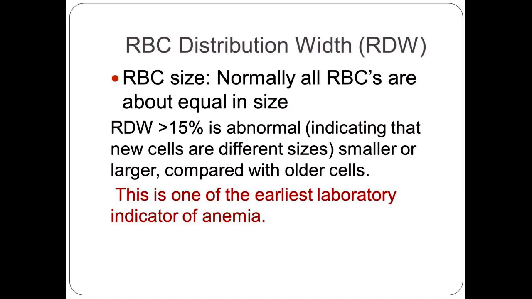If you want to know what the normals are, less than 15% of them should not be equal. If you have more than 15% that are not all the same size, that's considered abnormal, whether they're smaller or bigger. And this is one of the earliest laboratory indicators of anemia, as opposed to the hemoglobin and hematocrit.